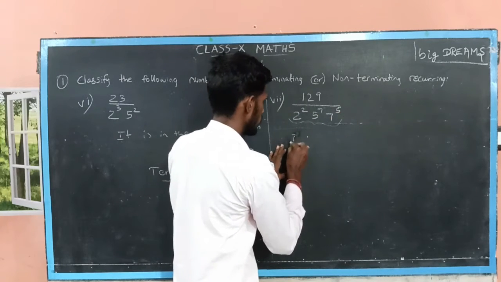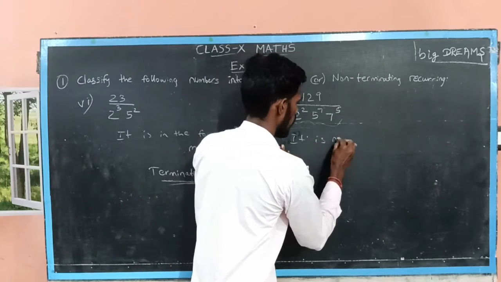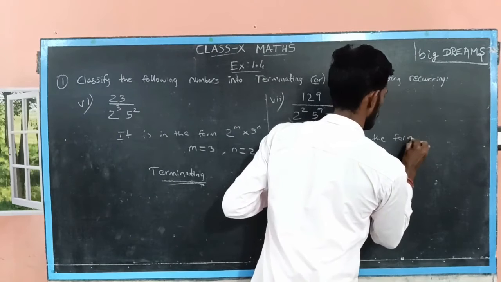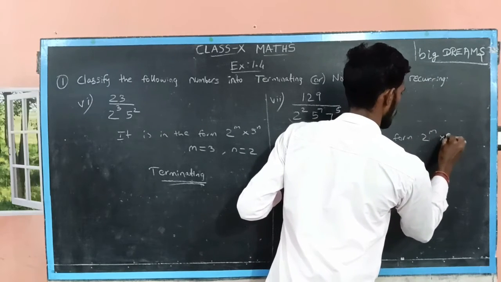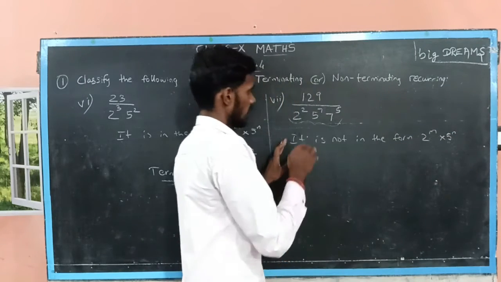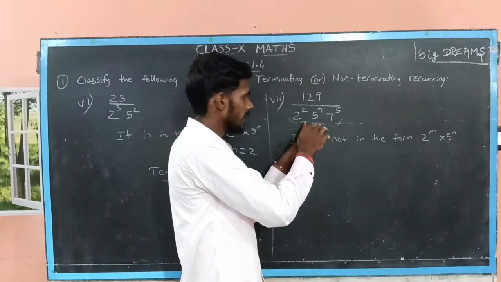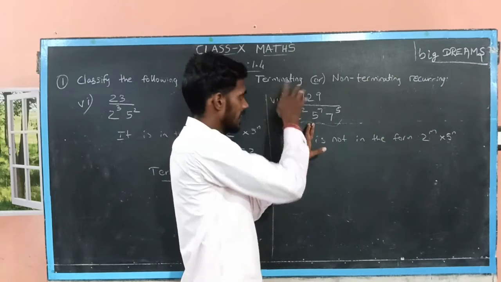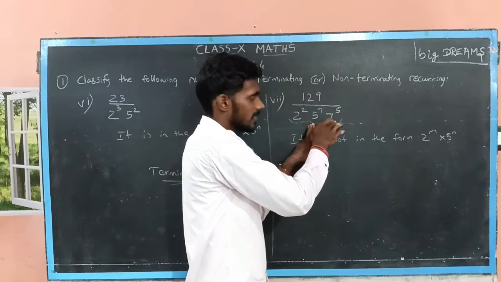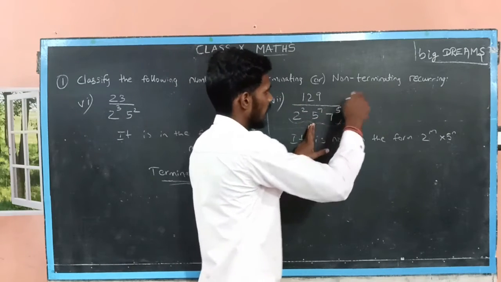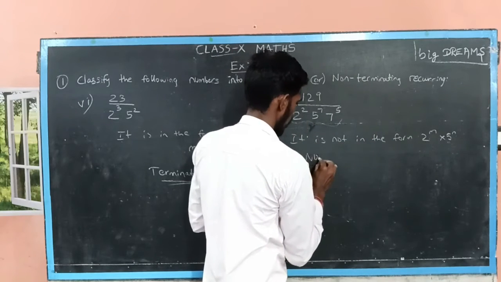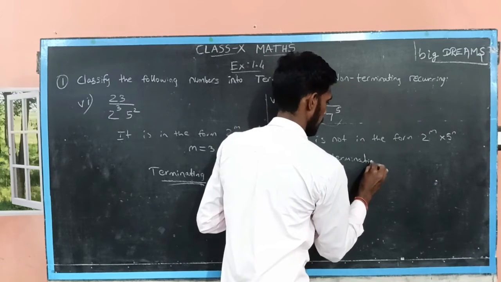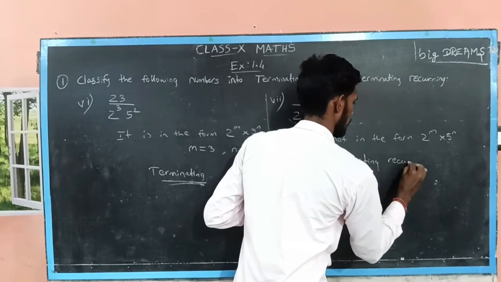So it is not in the form 2 power m into 5 power n, because the denominator should have only the factors 2 and 5 to be terminating, but it has 2, 5 and 7. So the value will be non-terminating recurring.